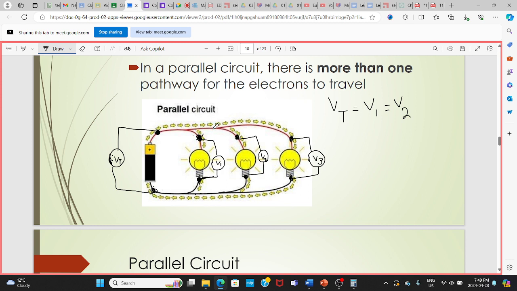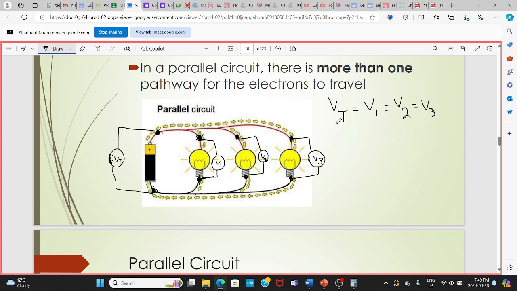This point can be connected. That would still be equal? They're going to be the same. Good. So this point can be connected to this point without any interruptions, just a wire, right? Here, you can connect it with the end of the battery. So these two points across the battery are the same as the two points across this light bulb. So you can say that the voltages across them are equal.